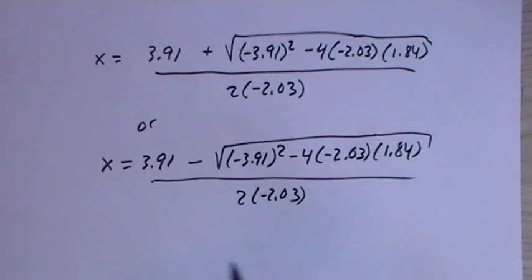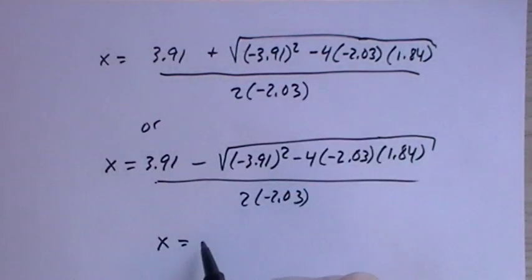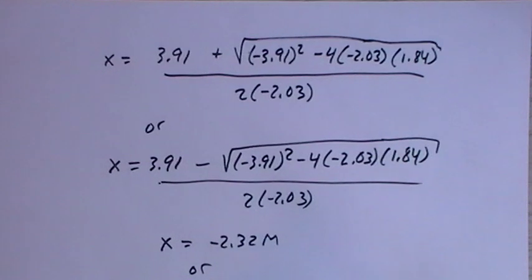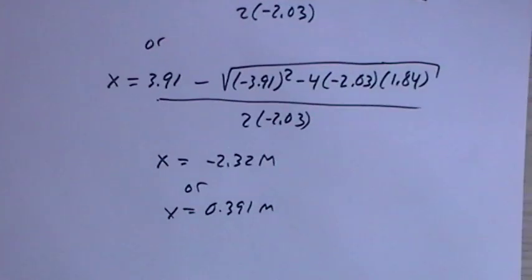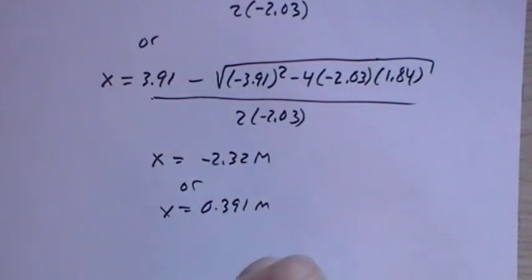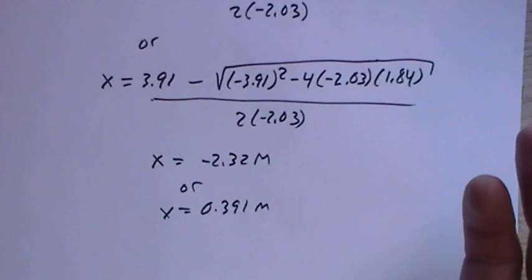Now, when you solve for this x, there's 2 answers here, plus and minus. So this is minus 2.32 molar, or x is 0.391. Now, only one of these answers can make sense. So if both of your answers fit into your equation, then you've done something wrong.